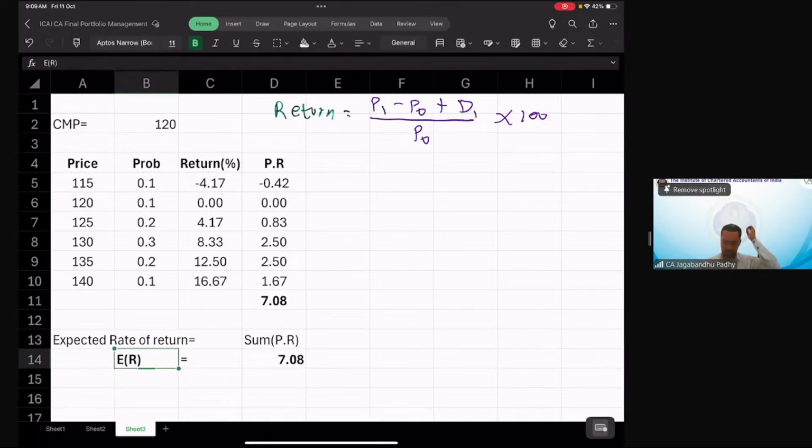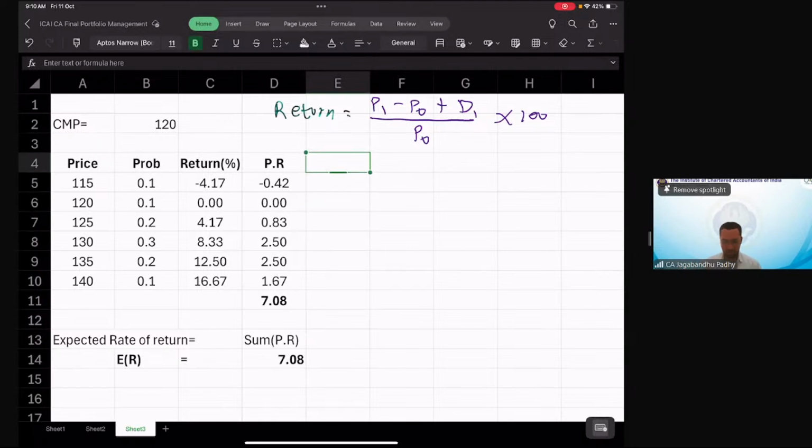Now we have to compute the other aspect, which is the risk of the security, because risk of the security is simply measured by standard deviation. The greater the degree of fluctuation, the greater is the extent of risk that you are facing.